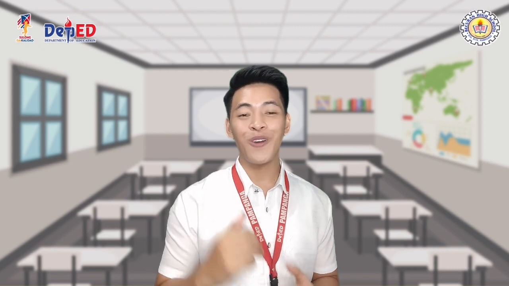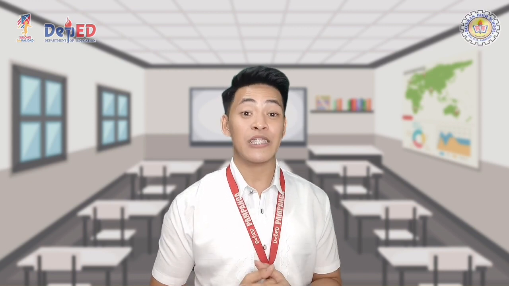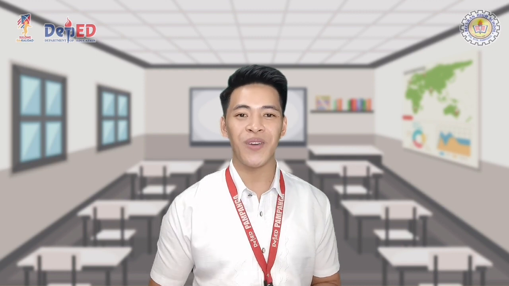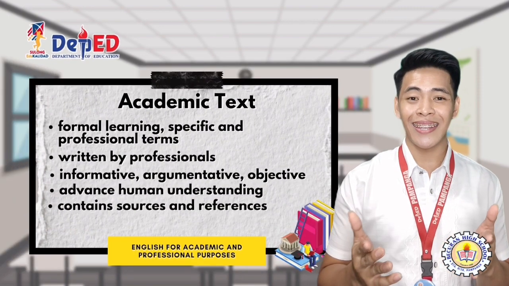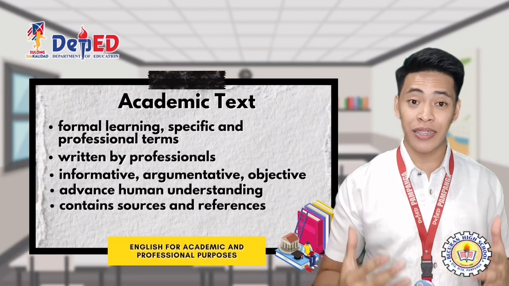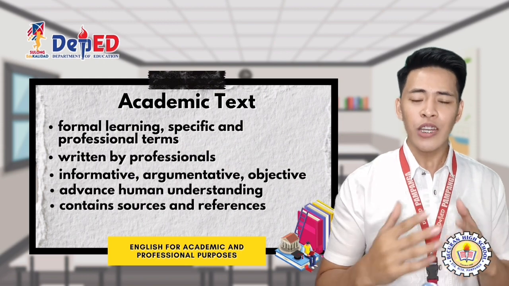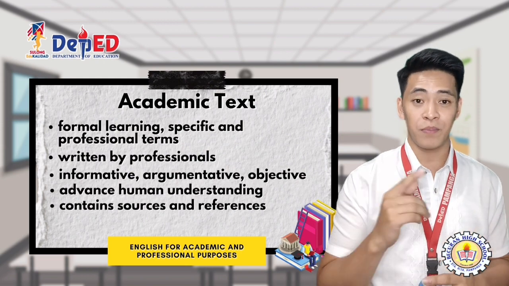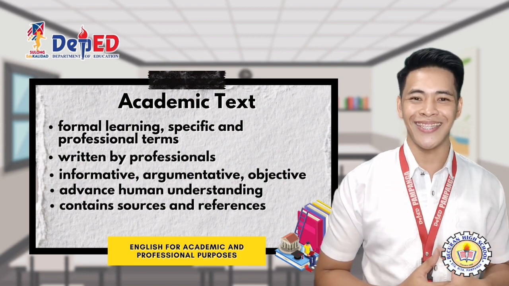Now, before we go to the lesson proper, let us revisit first our previous lesson, especially on the introduction to academic and non-academic text. So again, academic text is more of formal learning, and its words and terms are typically very specific to that particular field because more often than not, it is written by professionals.